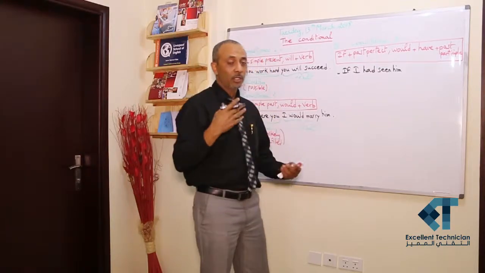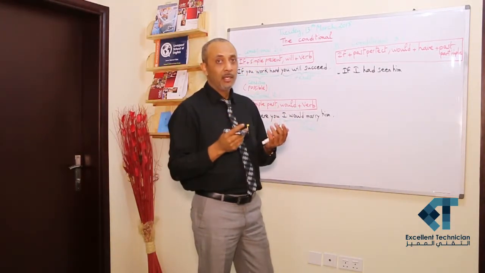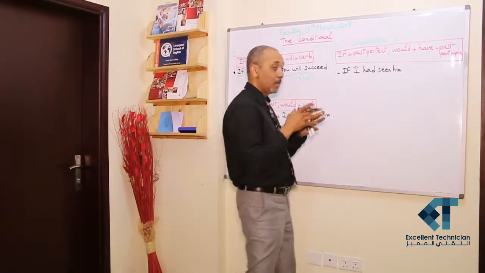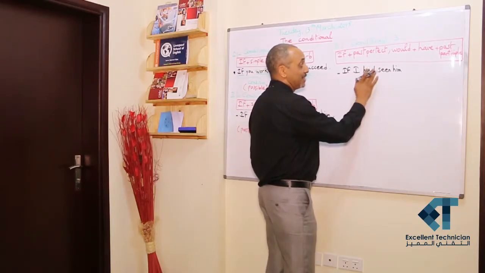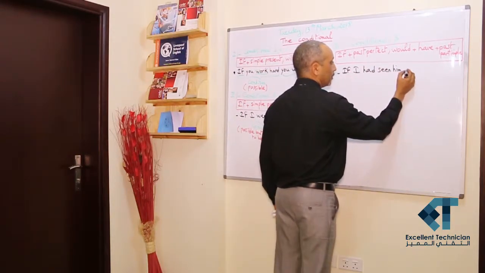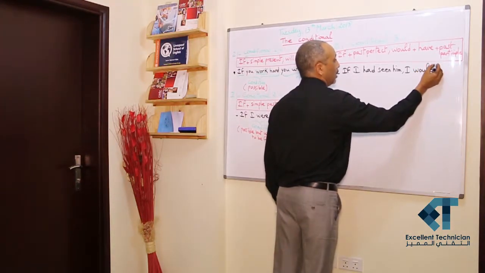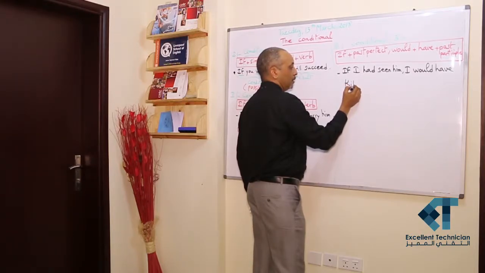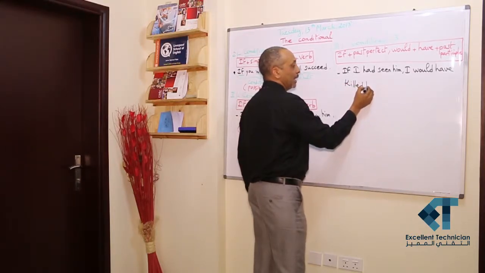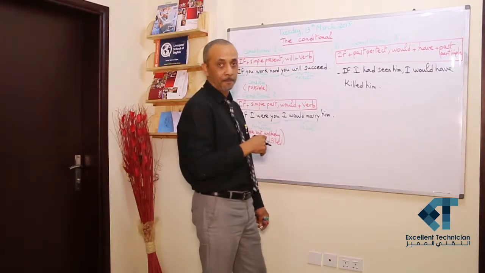Let's imagine that I'm talking about someone who did something very bad to me and I didn't see him, so I'm very furious and very angry against him. If I had seen him, I would have killed him, or I would have shot him.